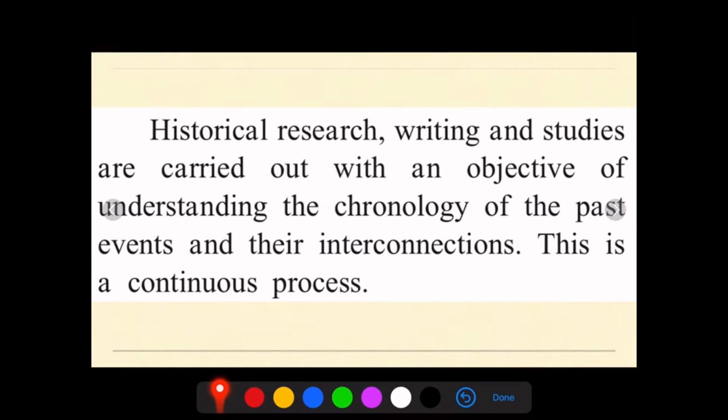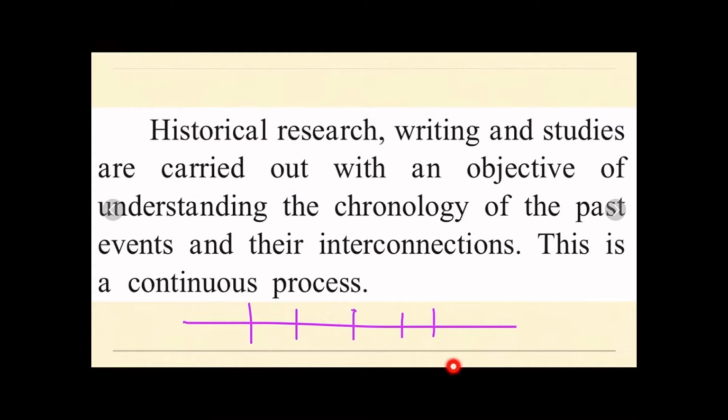What happened? Chronology means a sequence, a timeline. You know that in 1957 this happened, and in 1958 that, and so on. So it's a timeline: what happens in a particular period, and that this happened first, then this happened after that, and after that.